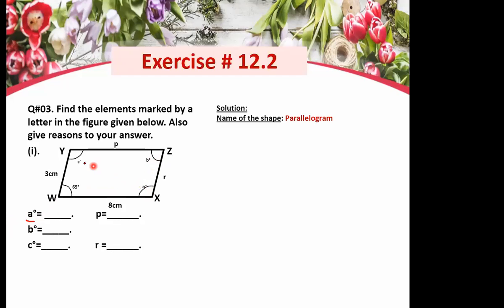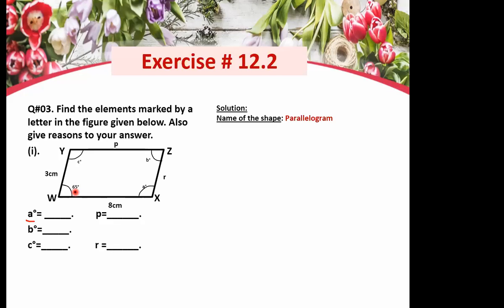And if we talk about C, A and C are opposite angles, right? All the angles A, B, and C are unknown. Only the measurement of one angle is given, which is 65. No problem, we can solve it according to the properties. So what is the first property of a parallelogram?